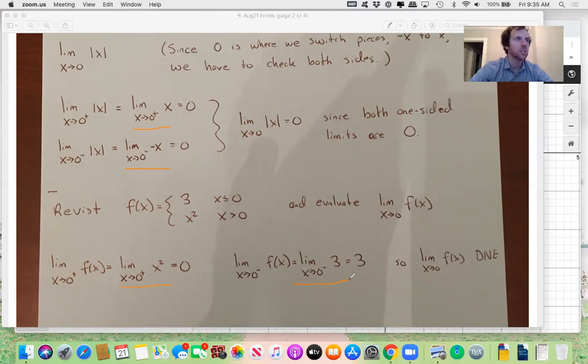So all these stages where we've picked the piece, you do whatever you have to do. You're kind of starting your problem over. You think, what do I have to do to find these limits? And if you're lucky, like we were here, it's all just evaluating. But if you're maybe less lucky, you might have to do one of these more complicated kinds of limits.